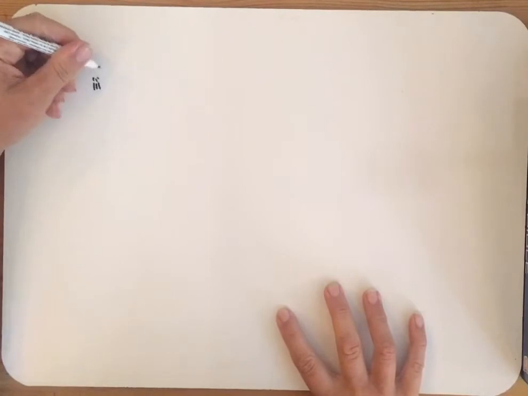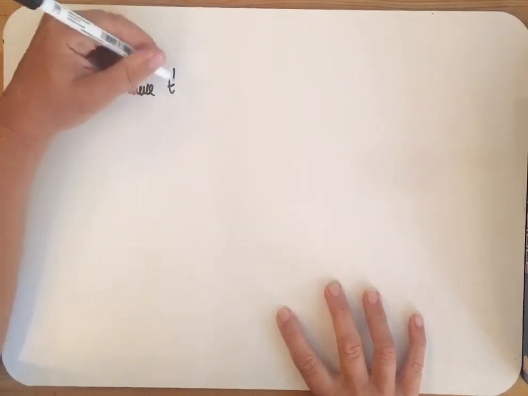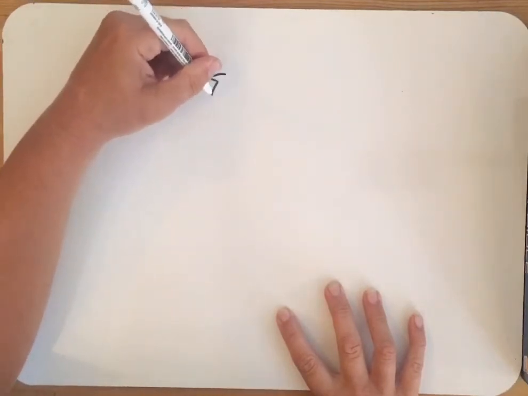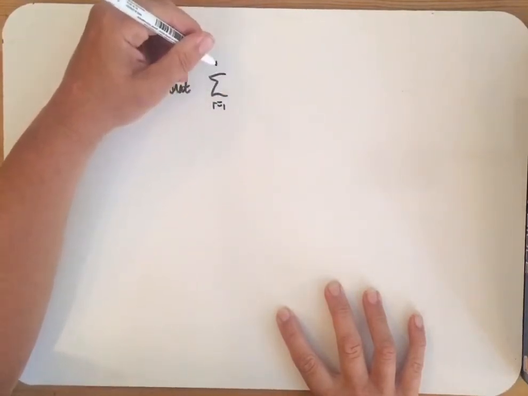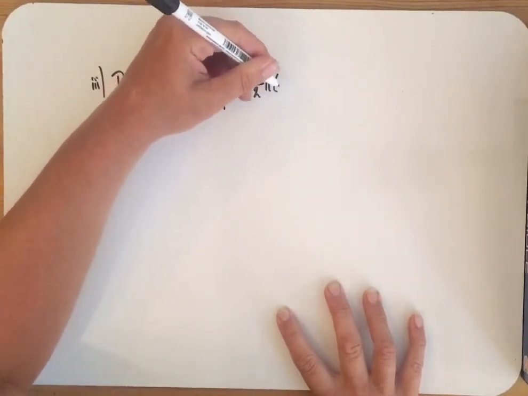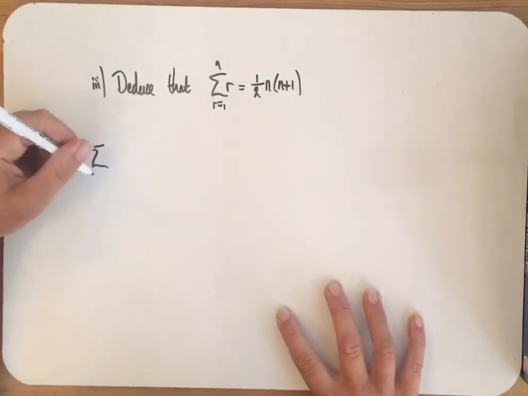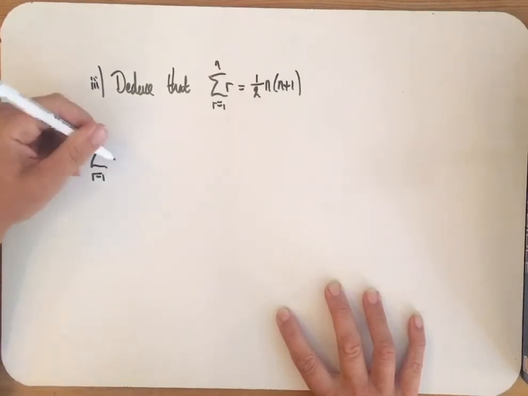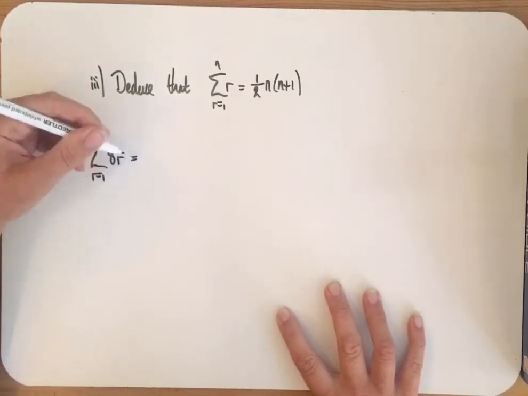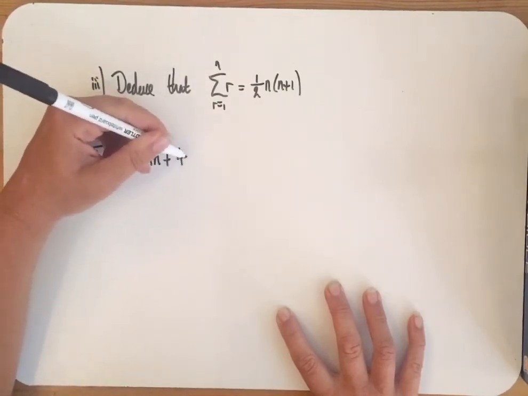I think I'll start a new board. The sum from r equals 1 to n of r is equal to a half n, n plus 1. So we know that the sum from r equals 1 to n of 8r is equal to 4n squared plus 4n.